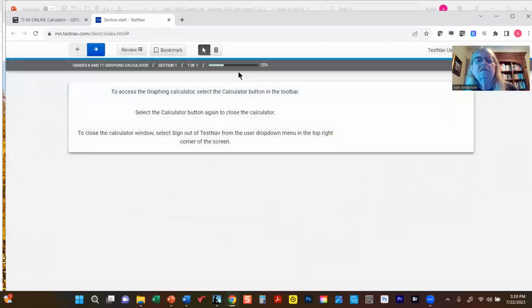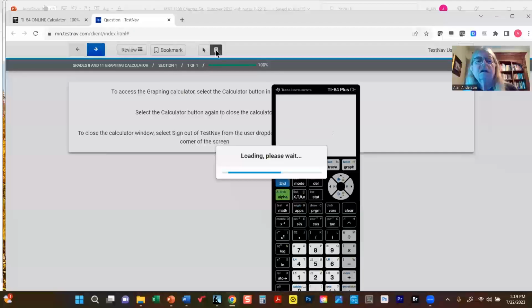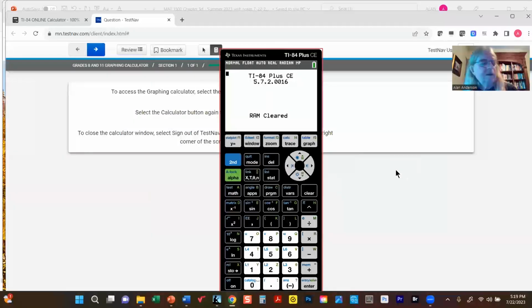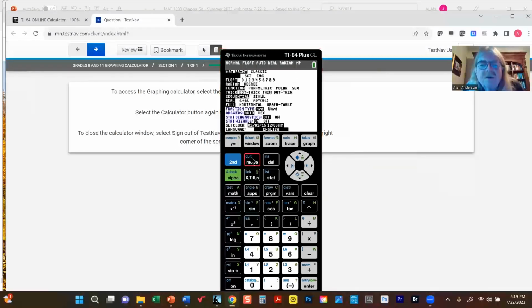And if you click on this little icon, this is a virtual TI-84 CE. Now, as far as I can see, I've only been using it for a few days now. It appears to me that it's identical to the real one, the one you have in your hands. So I'm going to confirm that. At the top, if you go to mode, wow, it does look good. You see it right here, it says radian.